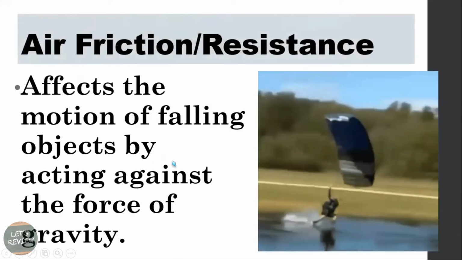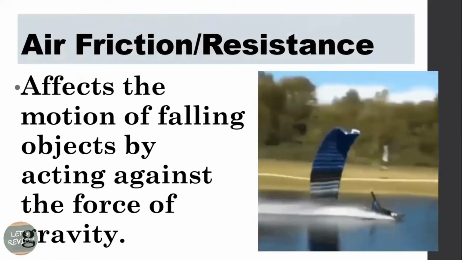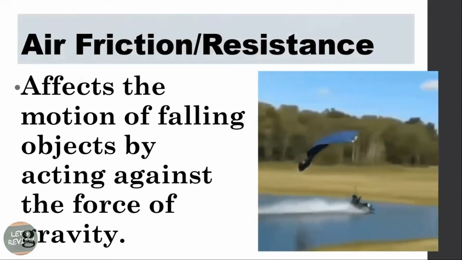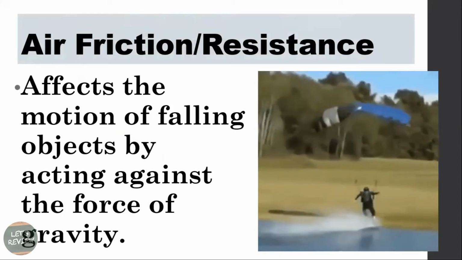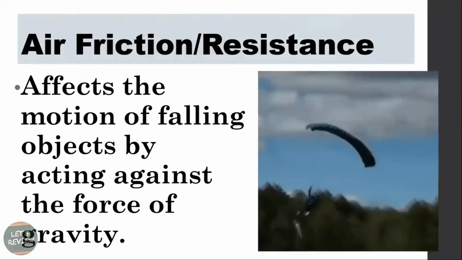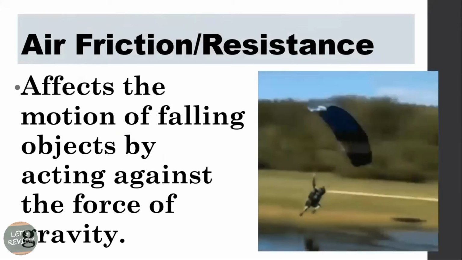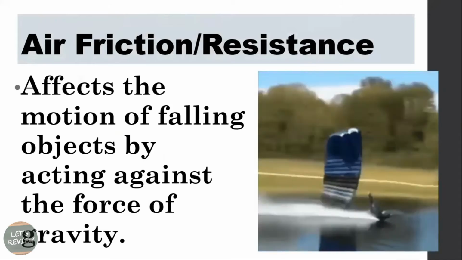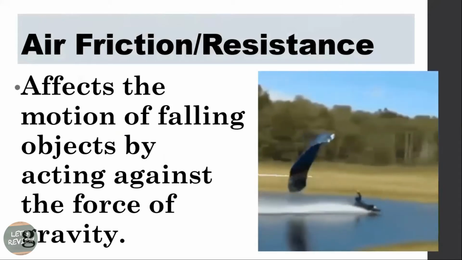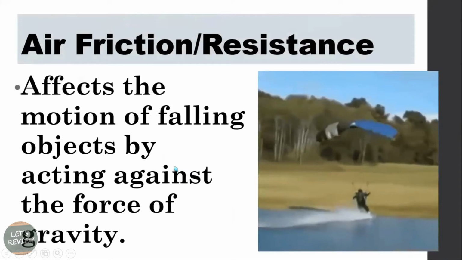Air friction or resistance affects the motion of falling objects by acting against the force of gravity. Now that we're talking about frictional force, I'm going to tell you the different kinds of frictional force. And a special kind of it is the air resistance, right?